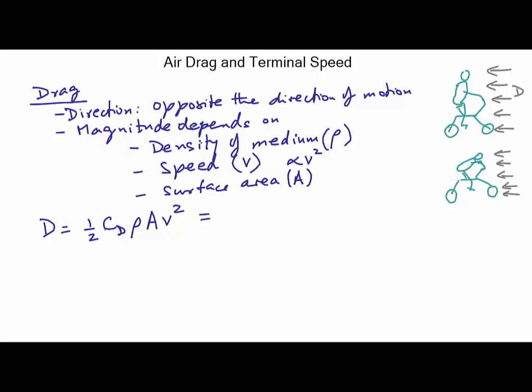But the C_D depends on the details of the shape of the object. But in most practical cases, the coefficient of drag turns out to be about 0.5, so this equation simply translates to 1/4 rho A v squared, and we can work with this form of the equation for all practical purposes.